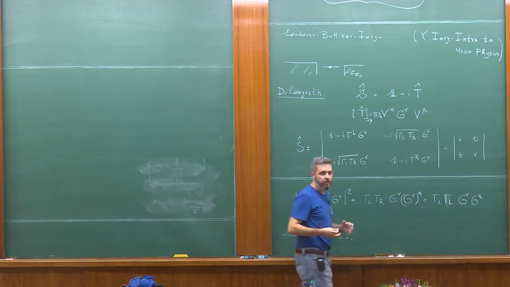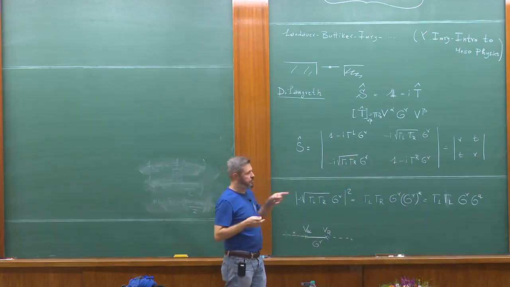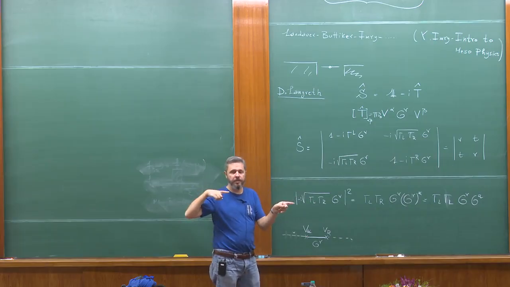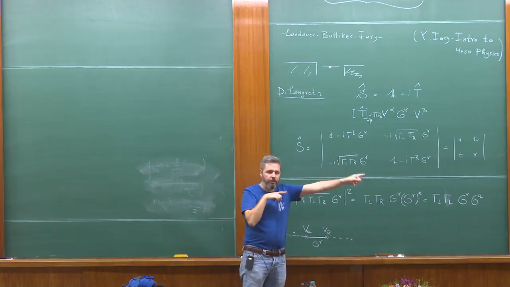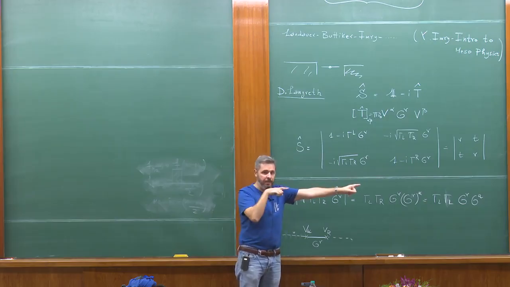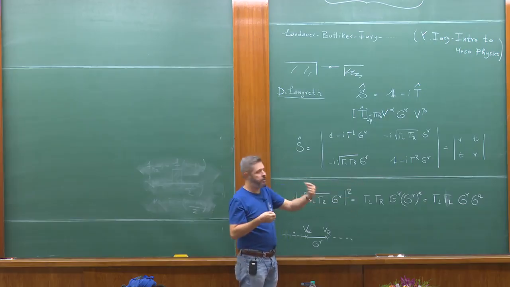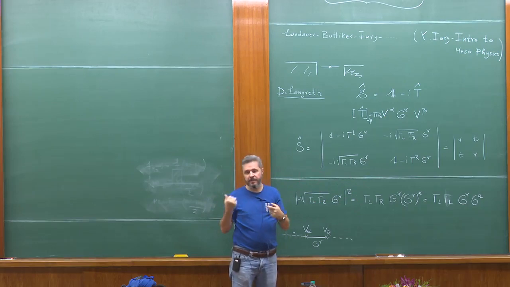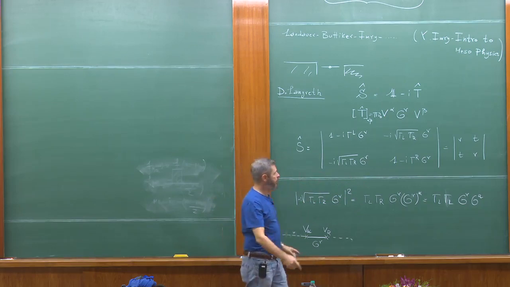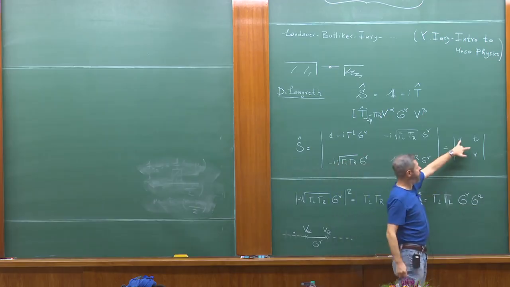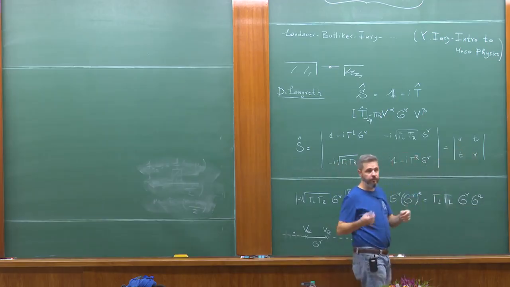So this is the transmission coefficient of a particle impinging from the left and getting out on the right at some energy omega. And of course, if you do the opposite, you get the same because I have time reversal invariance. And then the two reflection coefficients. Yes?